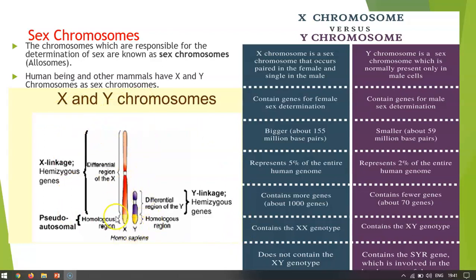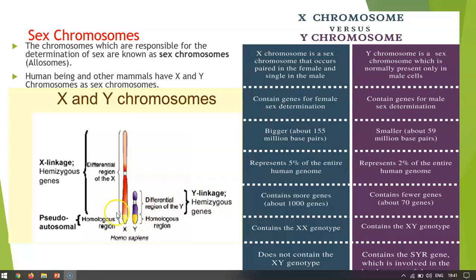If you closely see, the X chromosome is quite bigger in size as compared to the Y chromosome. Both these chromosomes have two regions. One is the homologous region, where you have the same type of genes, and the other is the non-homologous region, which has different genes. The non-homologous region of your X chromosome has X-linked genes, and the non-homologous region of your Y chromosome has Y-linked genes.